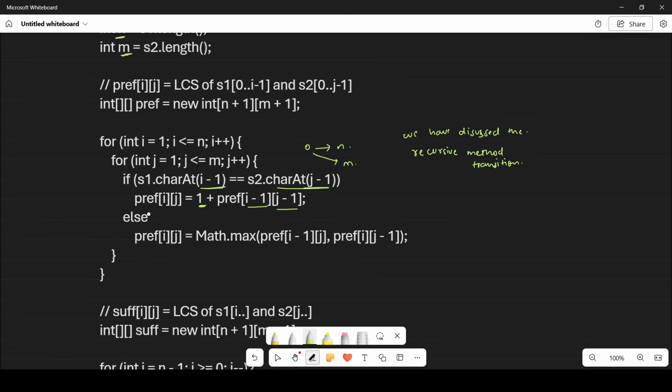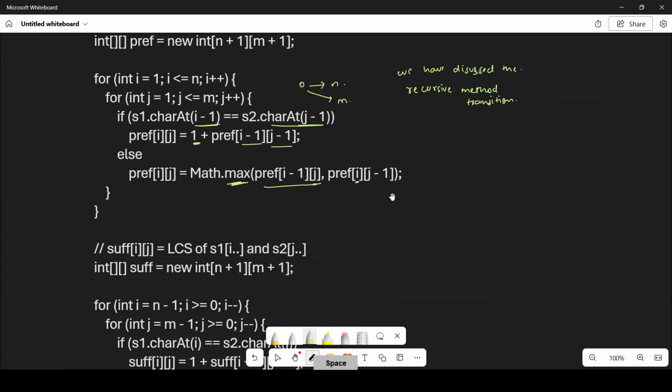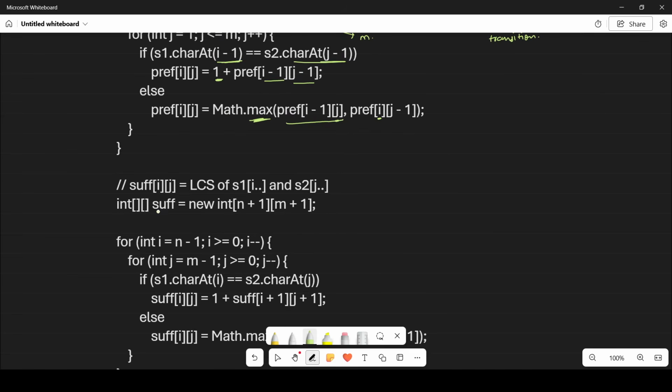Now if the characters are not matching, you have to take the maximum of two possibilities, that is going to previous and keeping the j constant, and going to previous and keeping the i constant. I hope you understand this transition now. And similarly you will fill your suffix 2D matrix also, which is representing the process from right to left.